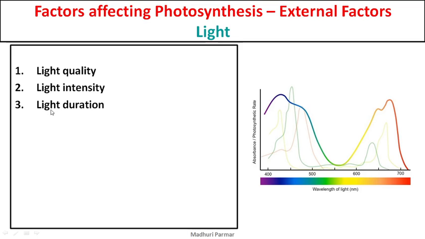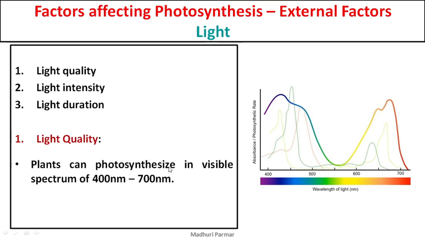And then comes the light duration. The light duration should also be sufficient. You cannot just give 1 second of light and expect a lot of photosynthesis to occur. Photosynthesis occurs maximum when there is a long duration of light. Light quality, as I already told you, it can photosynthesize when there is blue light and red light.